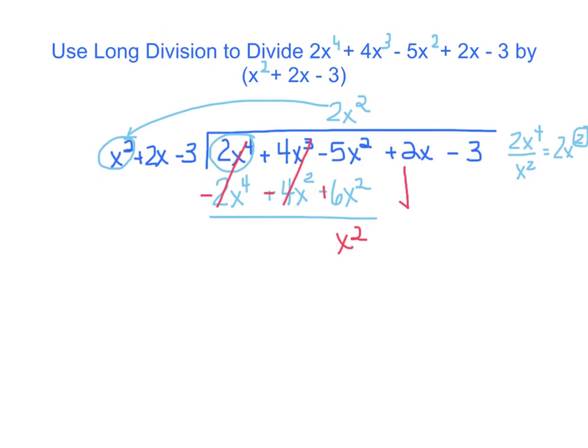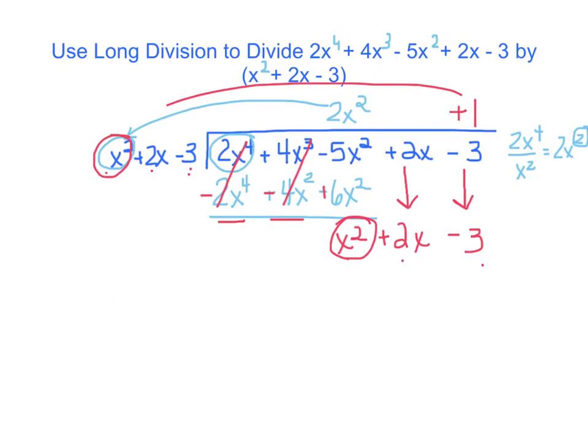I'm also going to bring down this 2x. Okay, but now notice I had 2 terms cancel over here, and I'm going to be dividing by 3 terms, so I'm also going to bring down this negative 3. If I'm dividing by 3 terms, I need to have 3 terms pulled down here. I'm now going to take the x squared and put it into the x squared, and that goes 1 time, and since that's the constant, I'm going to add it at the end here.